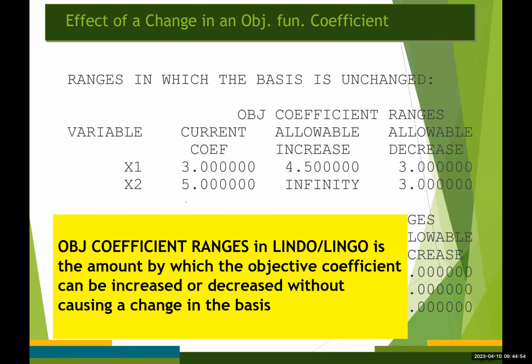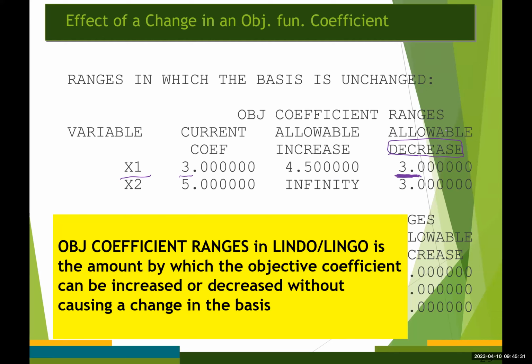Lindo also provides the same information. So here, the current value of C1 is 3, right? And here, the allowable decrease limit of 3 indicates that the coefficient of variable x1 can be decreased by this amount without causing a change in the basis.